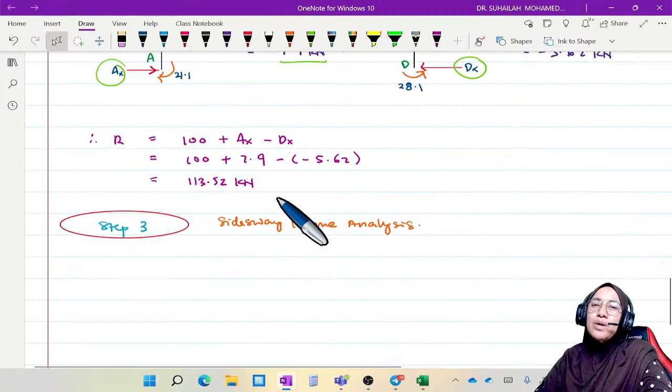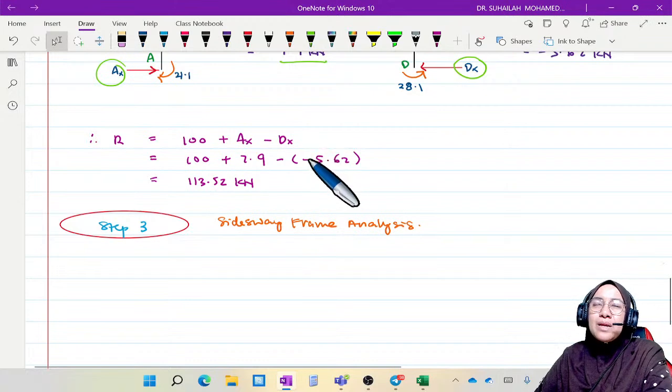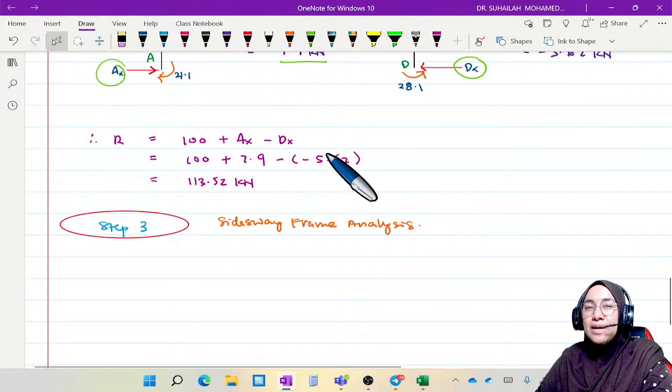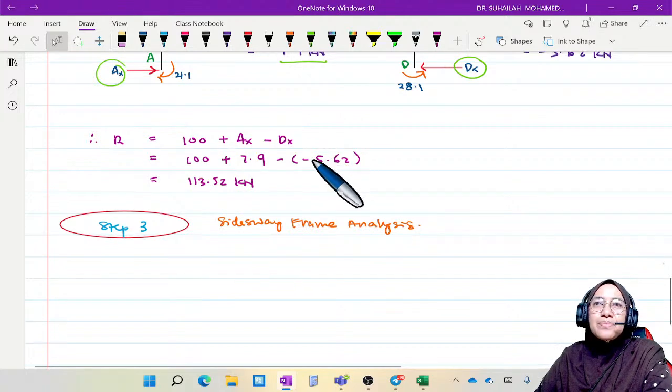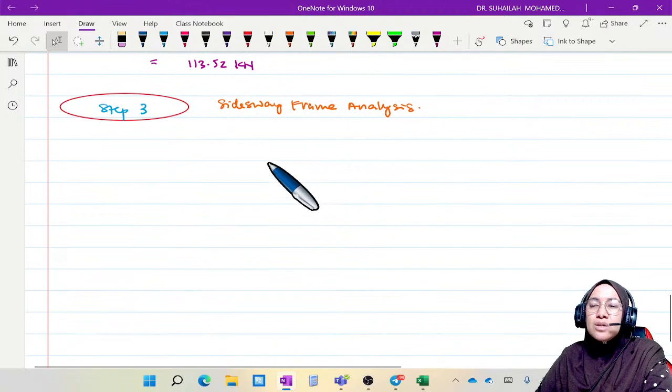Now we will move to the sidesway frame. This frame tends to move in the right direction, and it is proportional to the frame in the principle of superposition. So all labels in this frame we must change to prime.